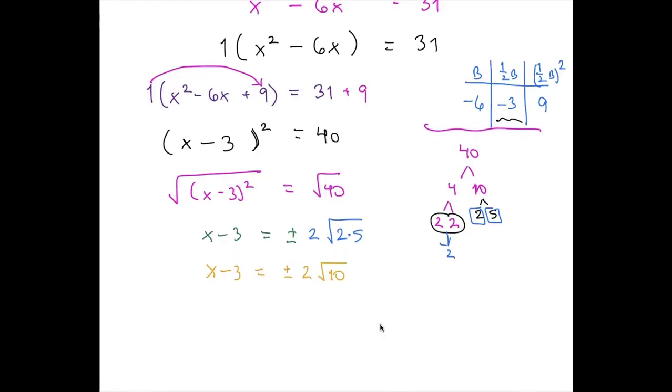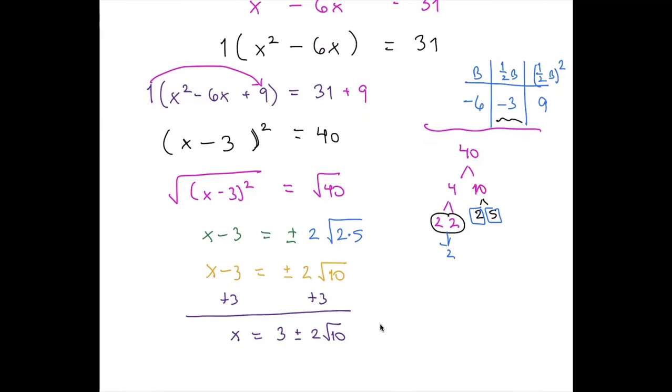And then we're going to move the minus 3 so we can get x by itself. So we need to add 3 to both sides. So that's going to leave you with x equals, again, write the thing that you brought over first, which is going to be positive 3, and then plus or minus 2 square root of 10. And as you can see, we have a radical sign. So we can't add the 3 onto anything.